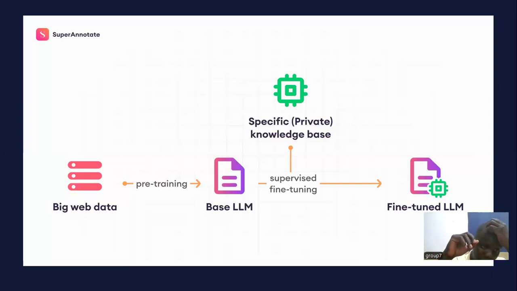Now, here you look at the specific or private knowledge to make the model more useful for a specific use case. For example, medical or legal departments, or company-specific data. The private data set is then introduced in this step.